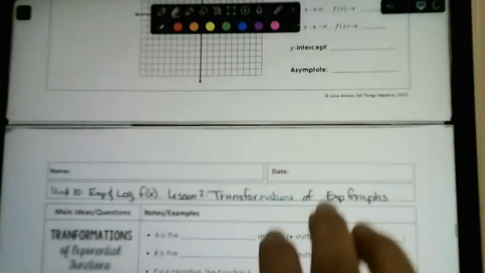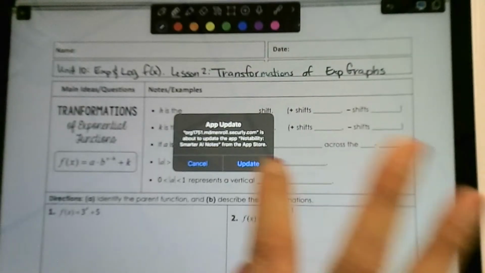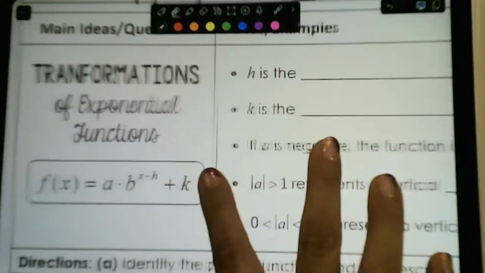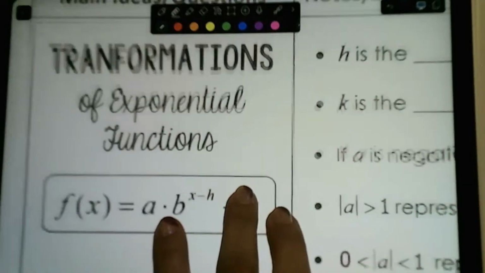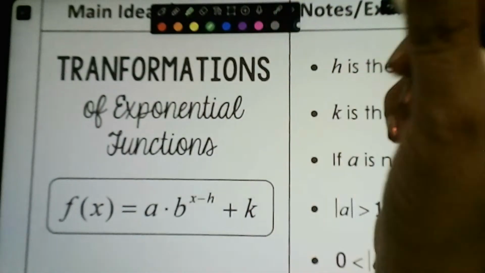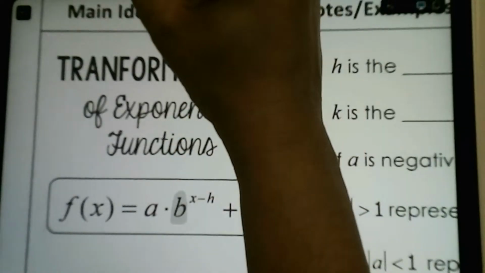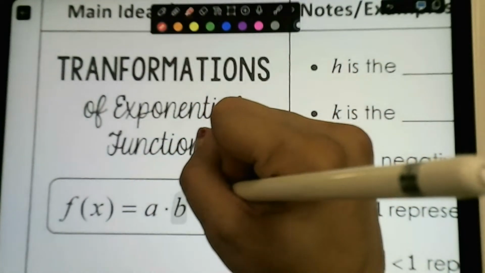All right, the next section is what happens when we transform it. Take a look at the recipe. Here was our base. Here's the value of x.